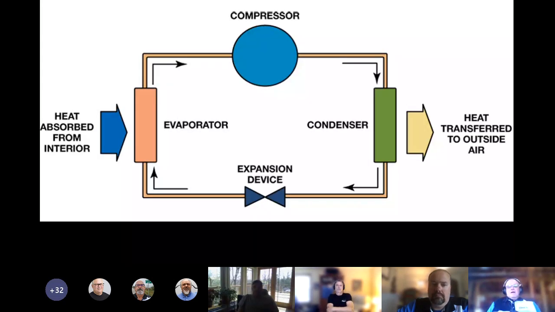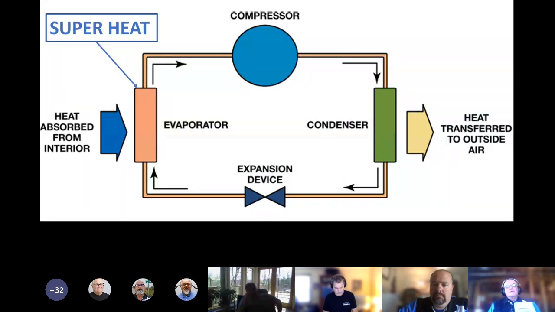So on the air conditioning system, we have the refrigeration cycle loop that we all are familiar with and have taught various ways. So the superheat, again, has to do with the evaporator, where heat from inside the car is being moved across the evaporator, which causes the refrigerant to boil, grabbing all the heat and cooling off the inside of the car.